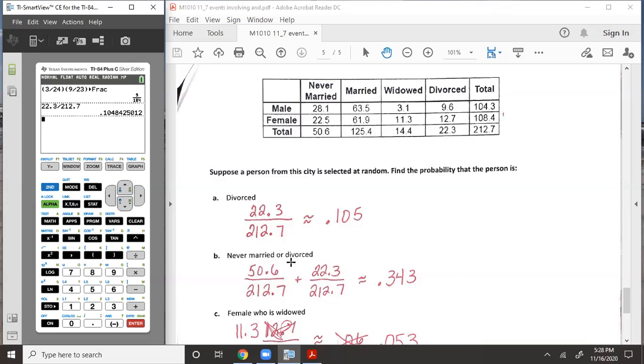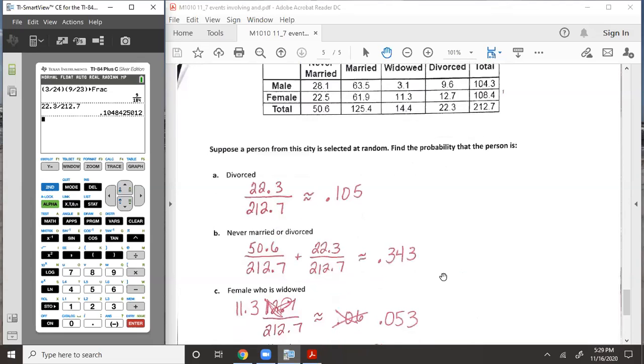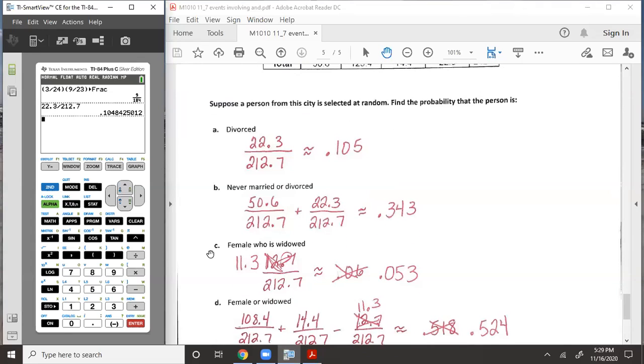The probability that a person from this city was divorced is 22.3 over 212.7. Add the 2 fractions and we get a decimal equivalent to 0.343.